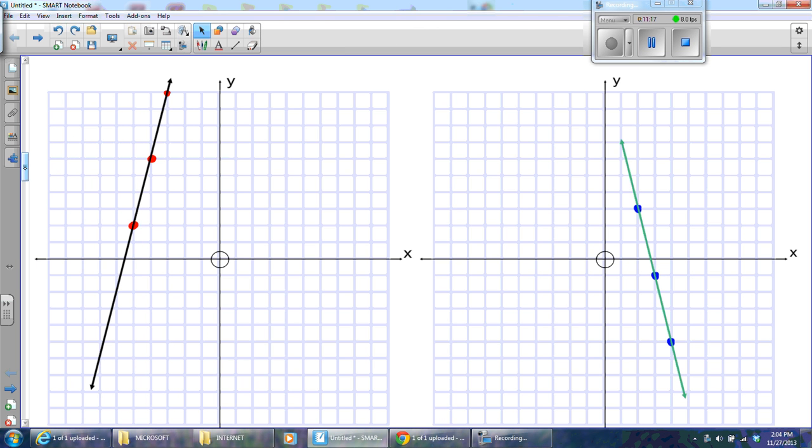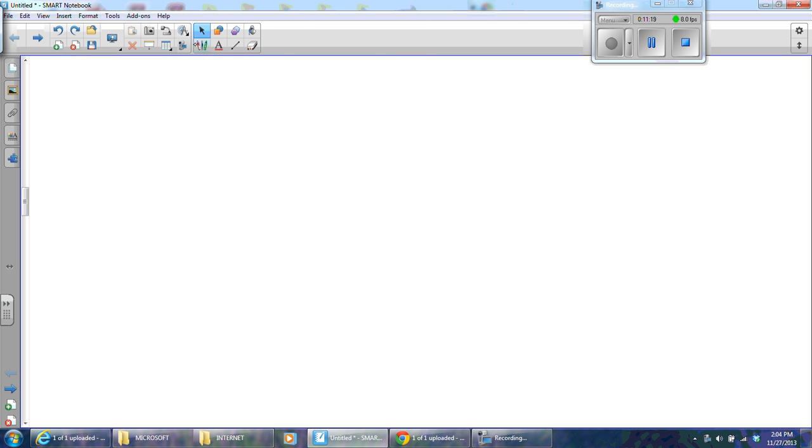All right, so we know three types of linear equations. We know slope-intercept form, y equals mx plus b. The y must be alone. We know the slope and we know the y-intercept. We know standard form, which is ax plus by equals c. A must be greater than 0, must be positive.